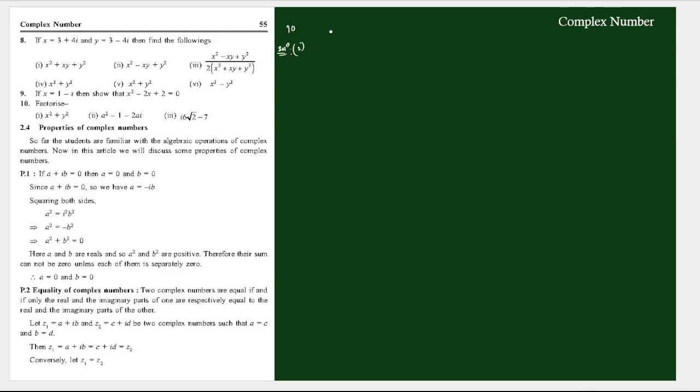Number 1 D, x square plus y square. तो क्या होगा ये, x square plus y square. Okay, wait, let me remove, what did I write?